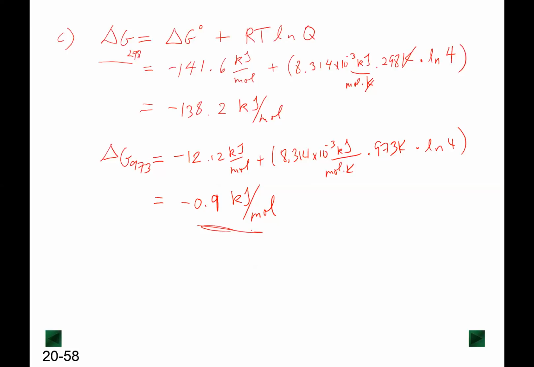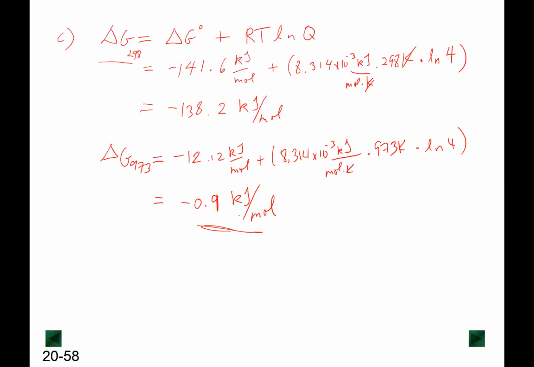It turns out that, remember, when you heat up a sample, you have more of the molecules that are going to be above the activation energy in terms of their thermal motion energy, and so the reaction will go faster, even though it will only proceed a small distance to the right.